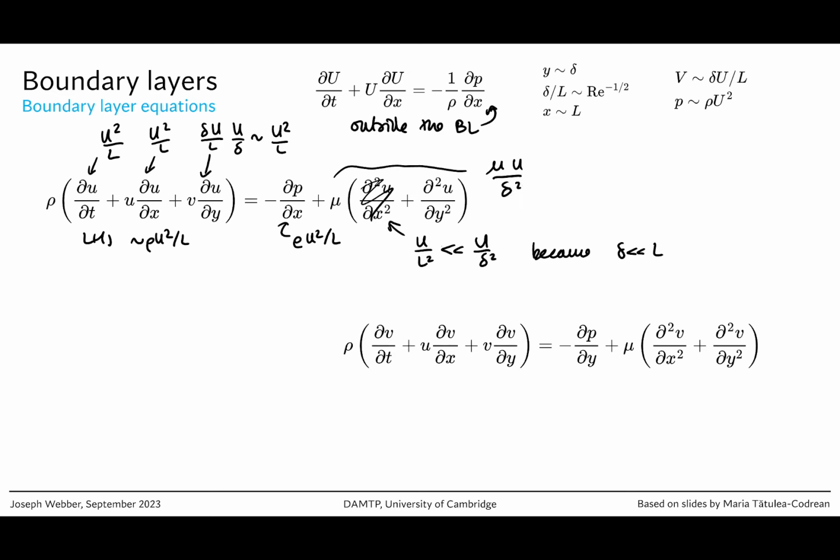Now, what is mu u over delta squared? Well, mu u over delta squared is mu u over nu L over u, which is actually just rho u squared over L. So every single term in the horizontal momentum equation, except for this horizontal part of the Laplacian, scales like rho u squared over L. So we don't really get to throw much away here.